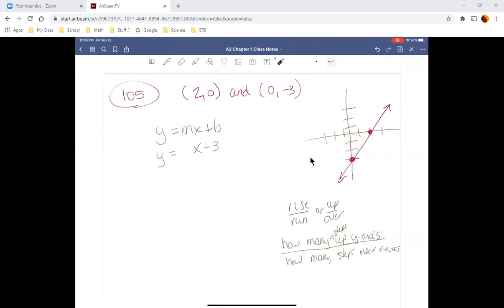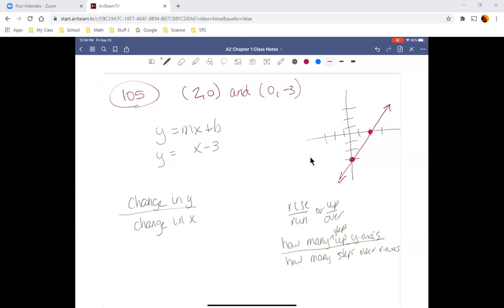So when it comes to finding slope, another way to think of rise over run, or ups and overs, is that you're figuring out your change in y over your change in x. If I go to the store and buy something for $5 and I give them $20, how much change am I going to get? $15.